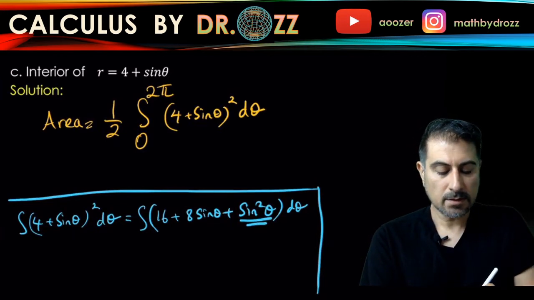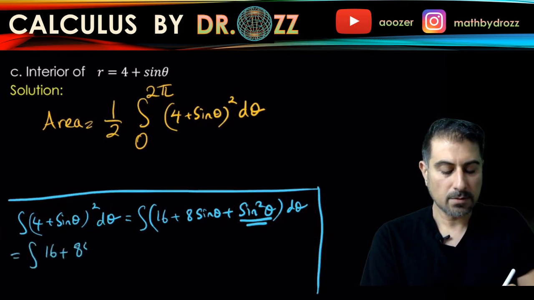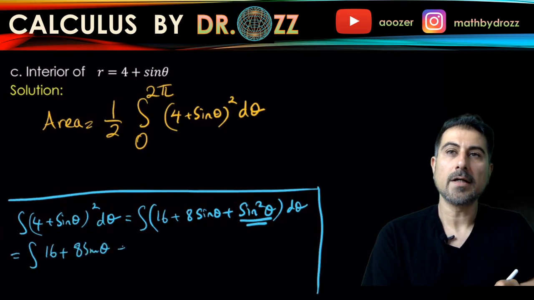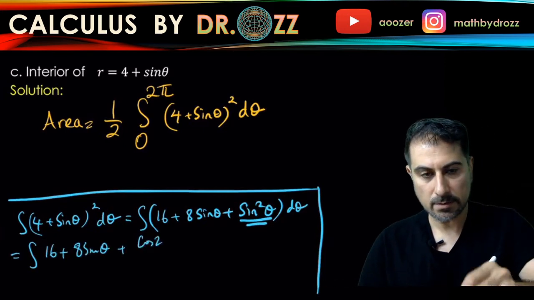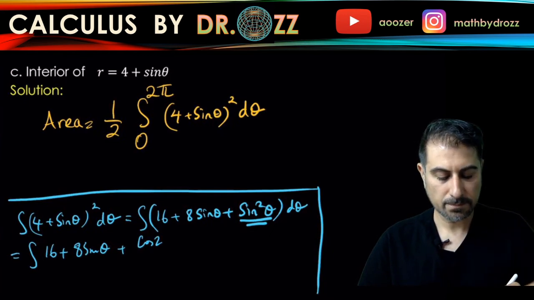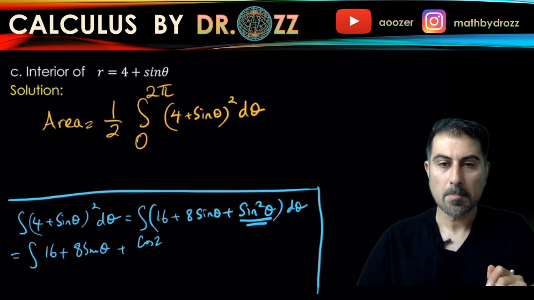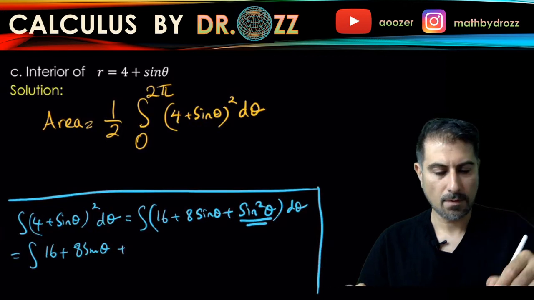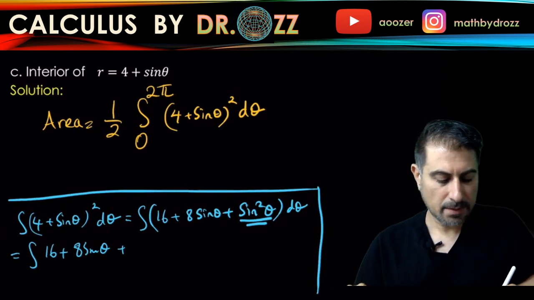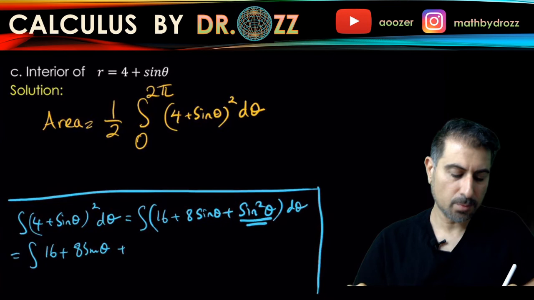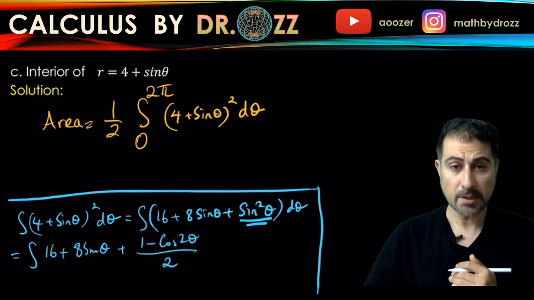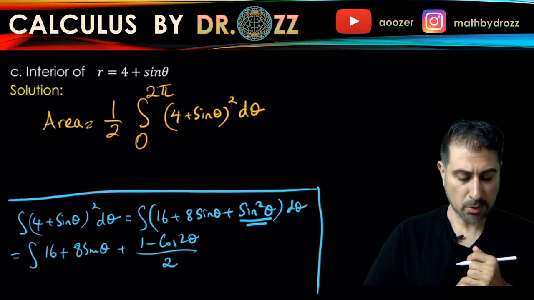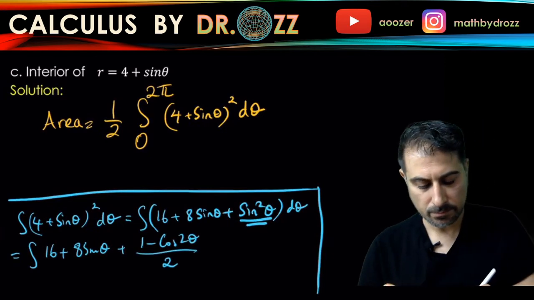So 16 plus 8 sine theta plus sine squared theta, which is 1 minus cosine 2 theta over 2. Again, we use the power reducing formula to replace sine squared theta by 1 minus cosine 2 theta over 2.